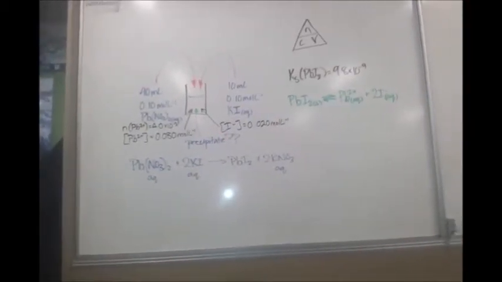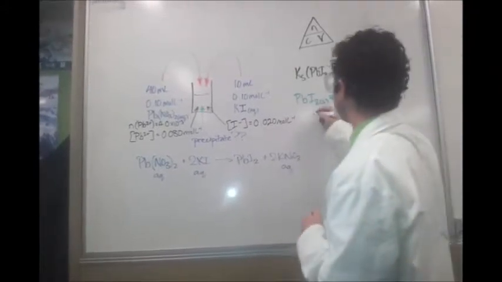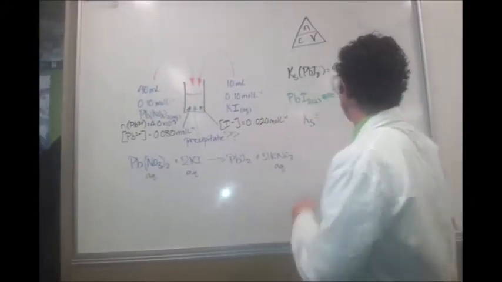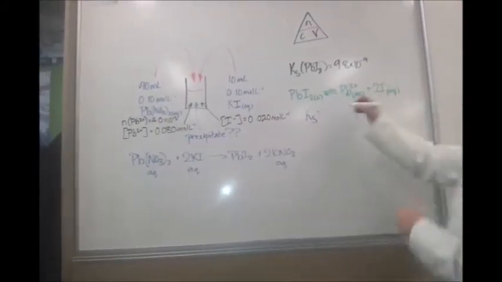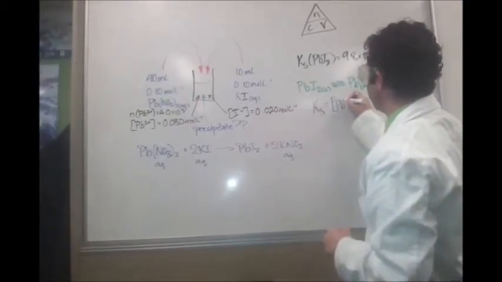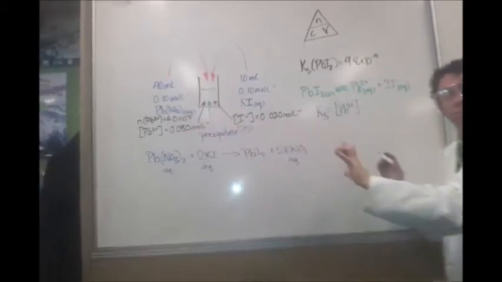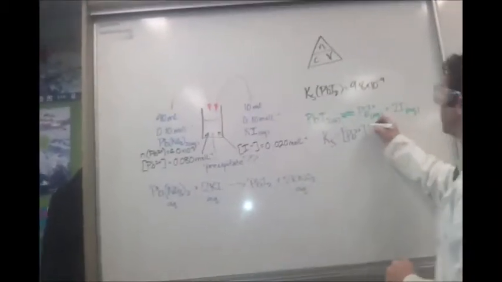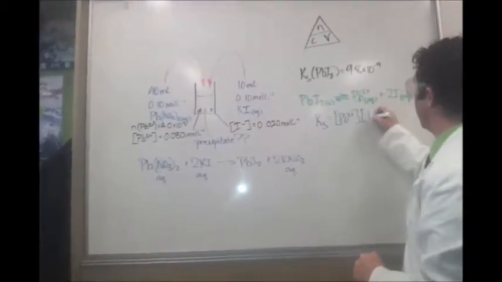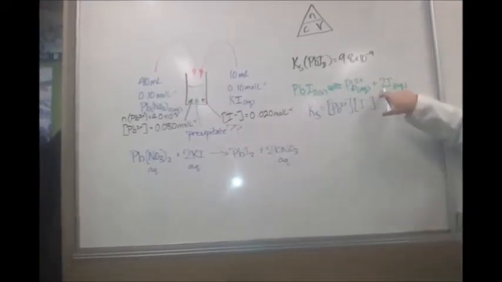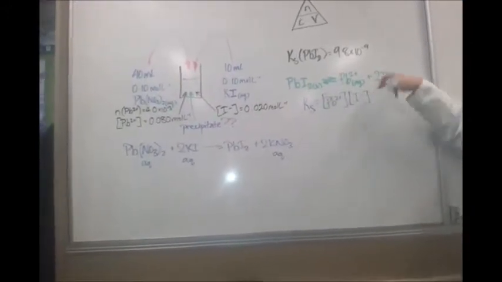But before I do that, I need a Ks expression. Ks equals, now according to this, the concentration of lead ions that we had in solution to start with, so we'll use that 0.08, times the iodide concentration, but because it's got 2 in front of it, squared.